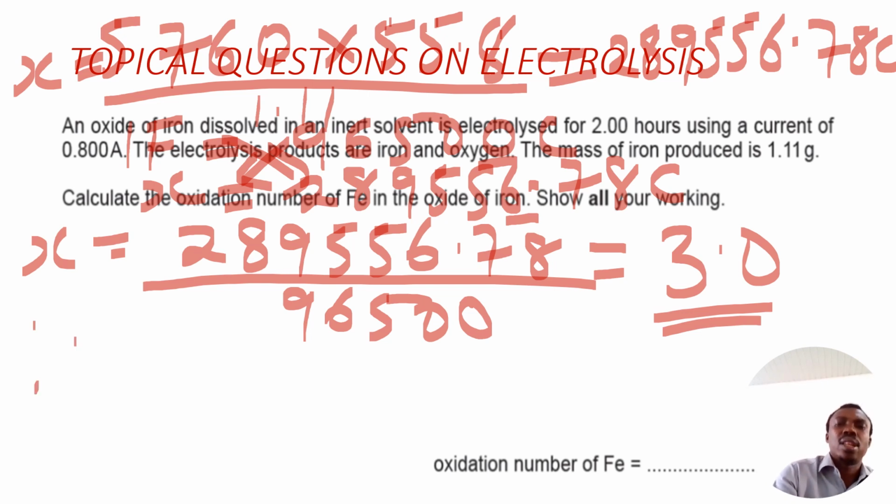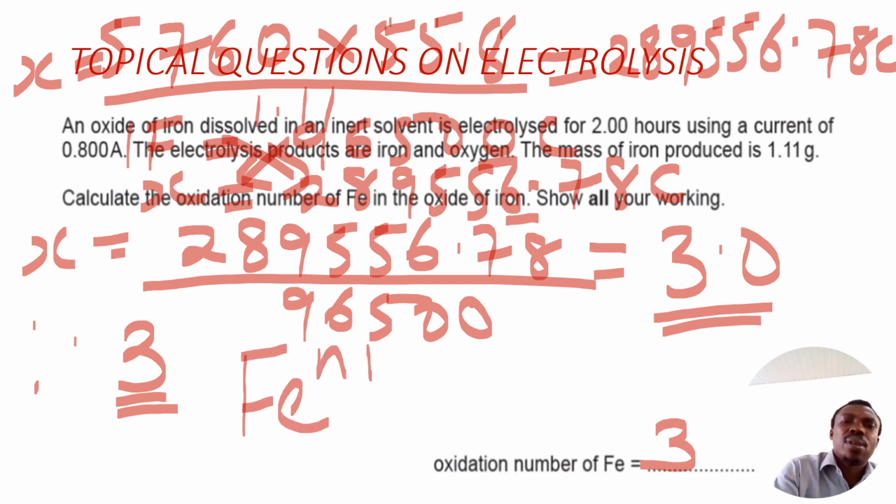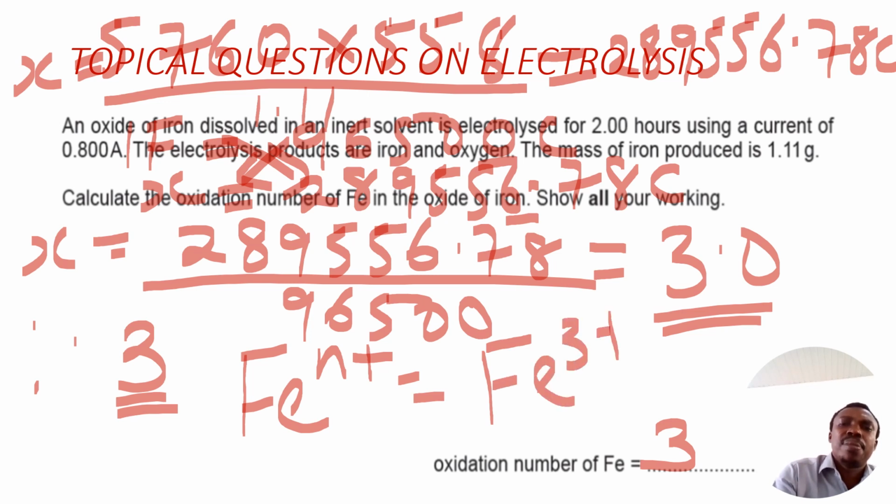Therefore, the oxidation number of iron is equal to 3. The oxidation number of iron in the oxide is equal to 3. Therefore, Fe^m+ will be Fe^3+.